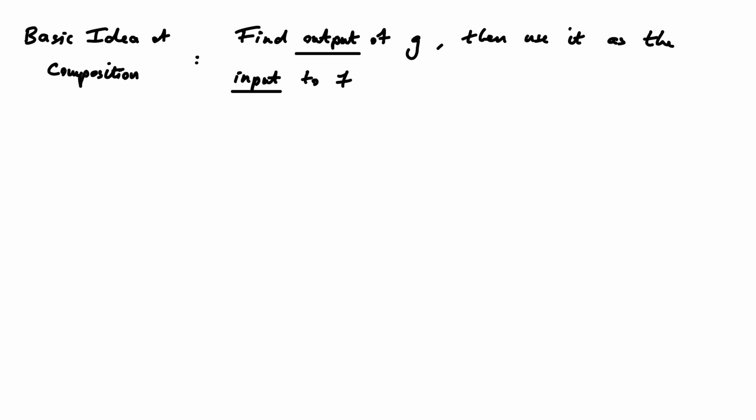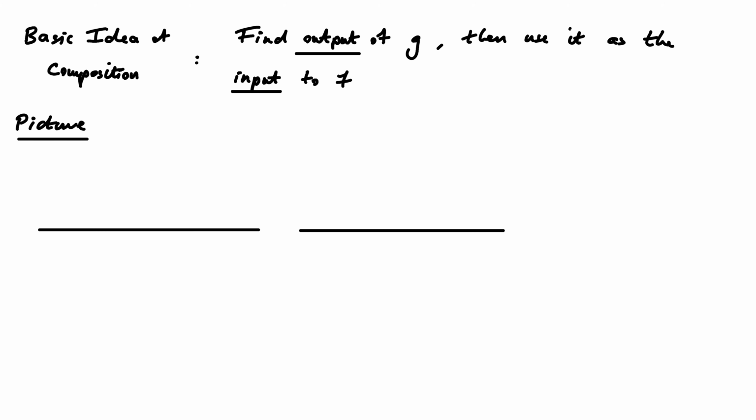So let me draw a picture of what I mean by that. A picture is always a good plan, thinking about these things visually. Let's take 3 number lines. So here's what I'm going to do. I'm going to take some position x, and I'm going to feed it into g.